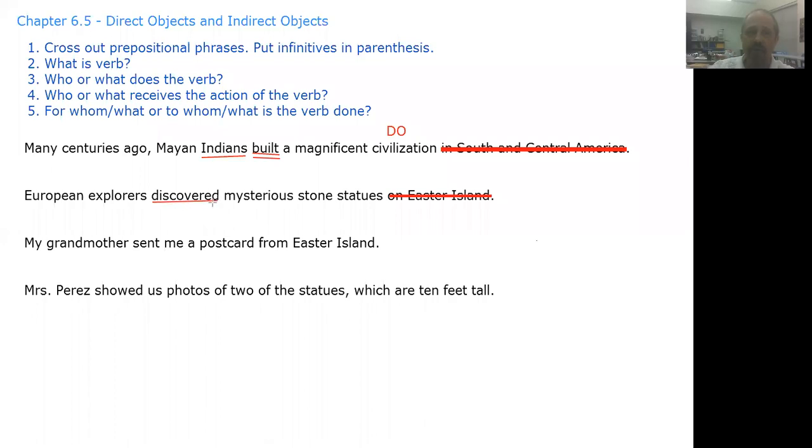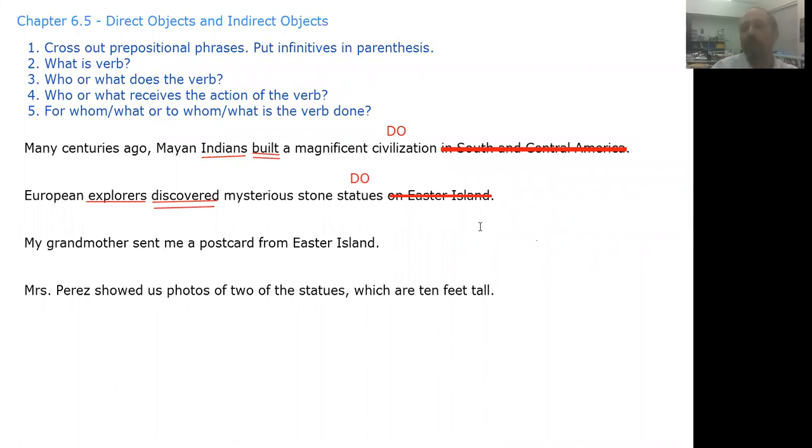That's the action. Who or what discovered? The explorers discovered. What did they discover? They discovered statues. That is another direct object. Boom. So far, notice no indirect objects in these first two examples. That's fixing to change.